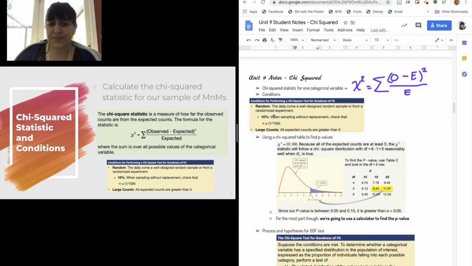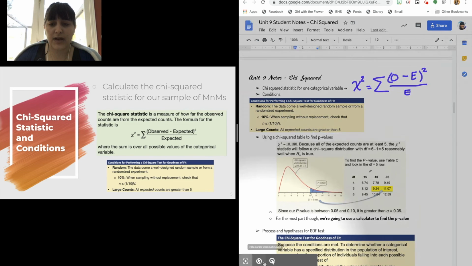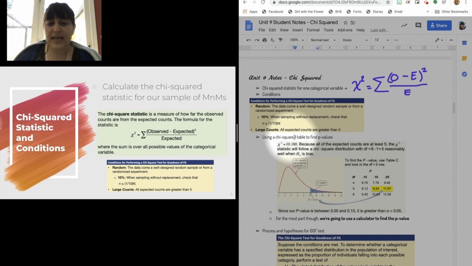And then I'm going to touch more on this obviously in the next video, but see these conditions, they come up again, okay? And then with reading the actual table, which I'm going to turn my fancy pointer on here. When you're actually reading the table for chi-squared, it's very similar to the way you read the t-table.